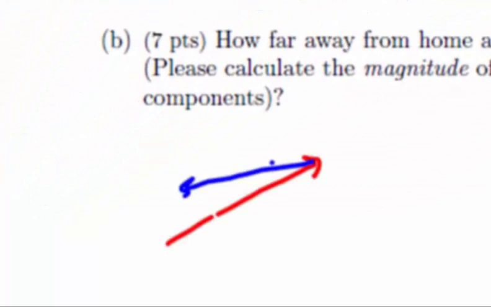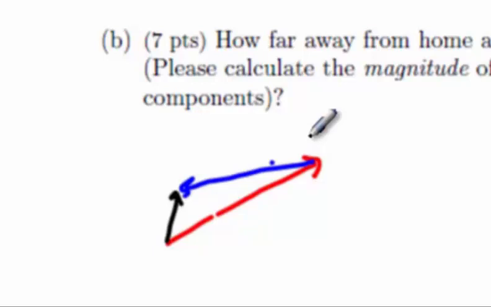The course of our walk has taken us northeast in accordance with vector A drawn in red, followed by southwest in accordance with vector B drawn in blue. That means that our final displacement as compared to the original location is given by the black vector.